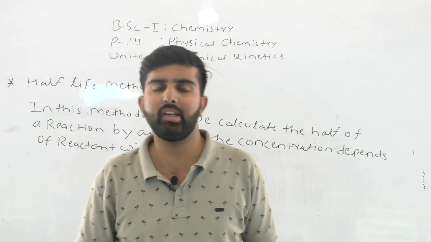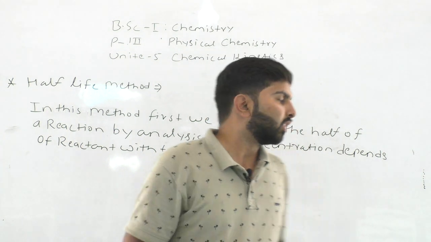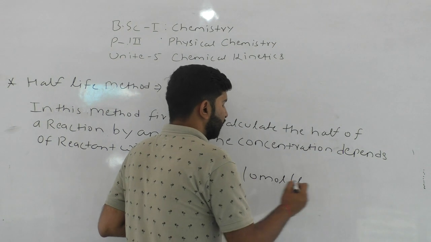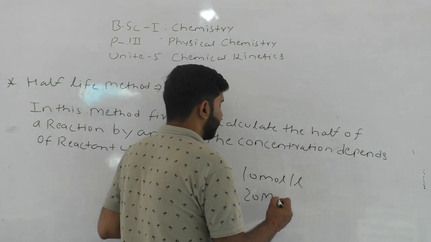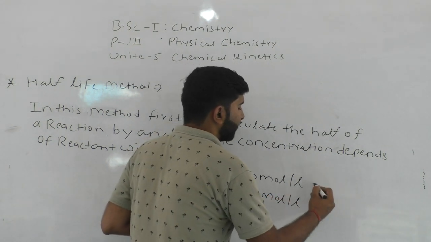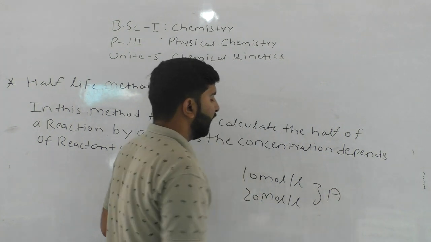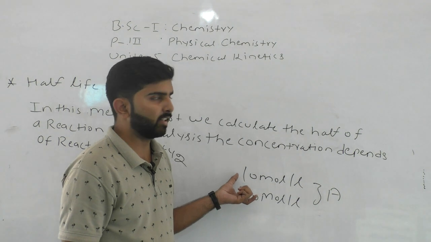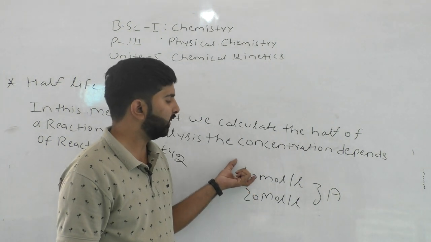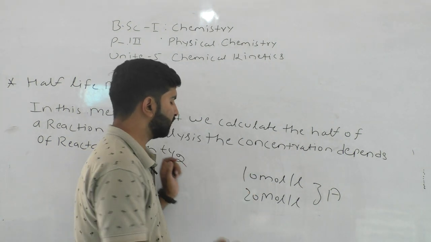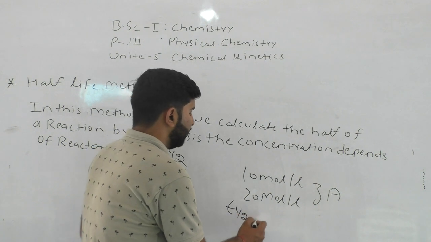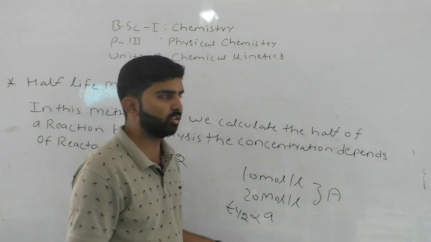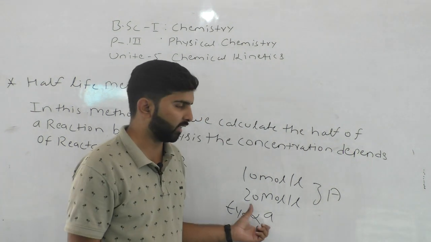Meaning, if we take 10 mole per liter or 20 mole per liter concentration of a reactant A, then the half-life of the 20 mole per liter reactant comes out higher than the 10 mole per liter, because in a zero order reaction, the t half is directly proportional to the initial concentration of reactants.